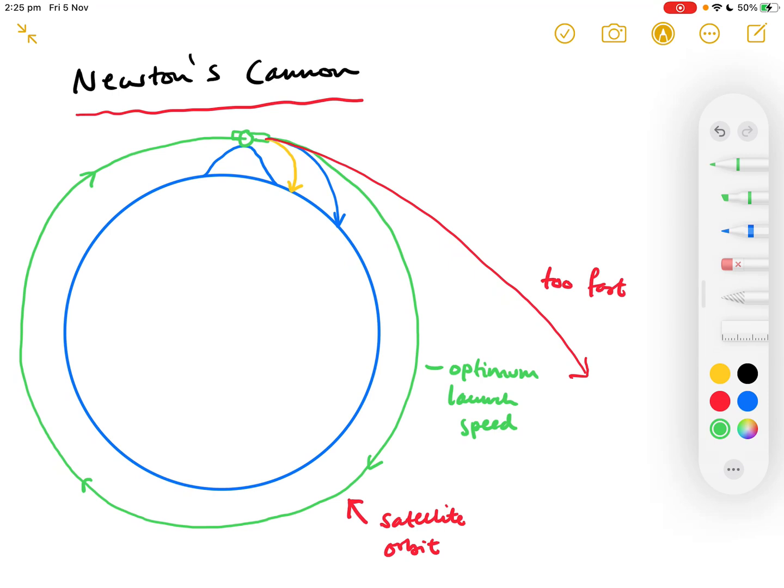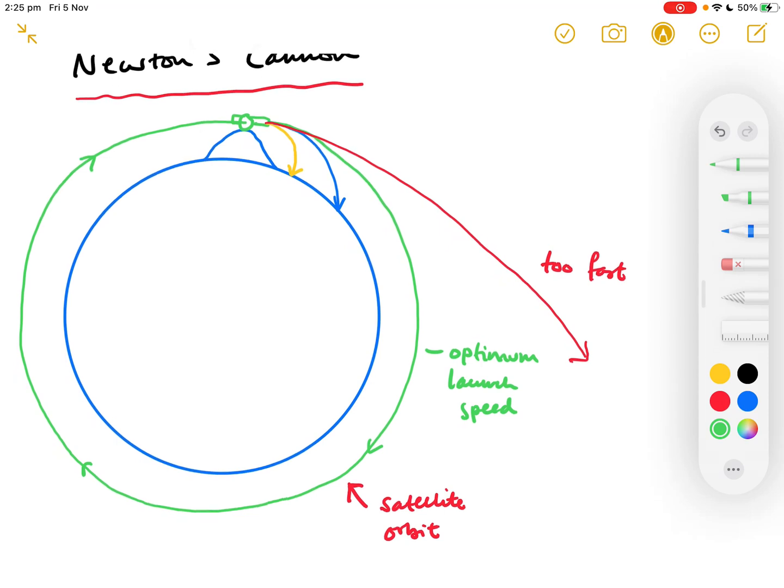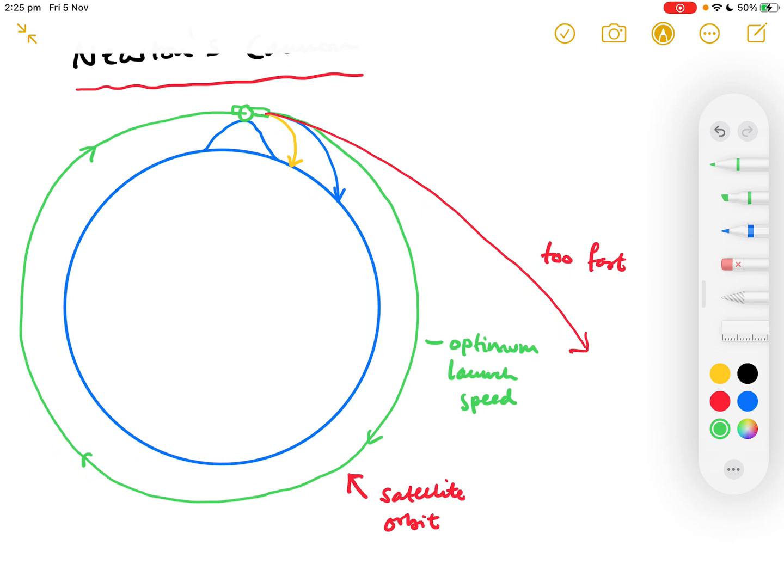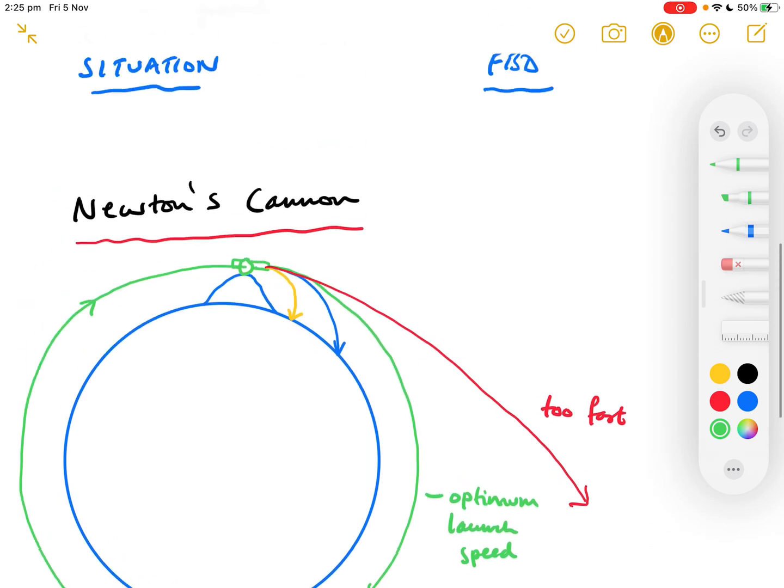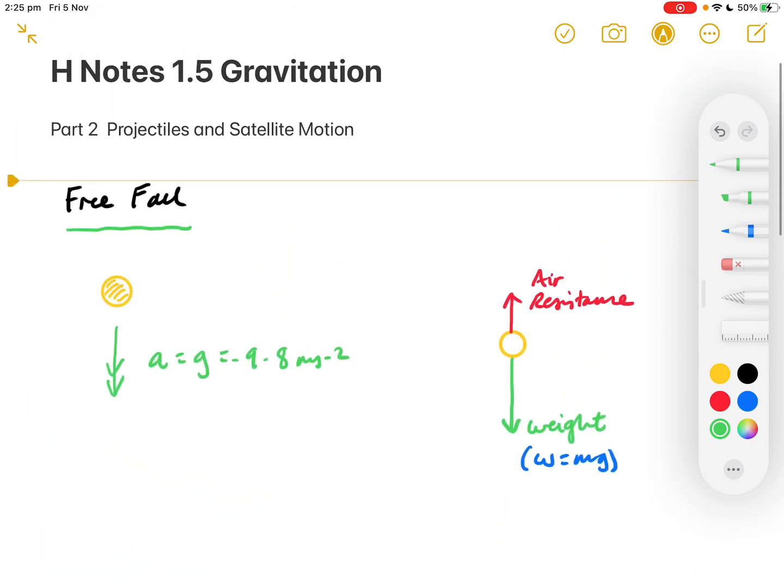So remember that everything you have learned about projectiles generally, the uniform acceleration under gravity vertically downwards, the constant horizontal velocity in the horizontal direction, all of that still applies to satellites. It's just that the curvature of their parabolic path matches the curvature of the Earth. So a satellite is indeed falling.